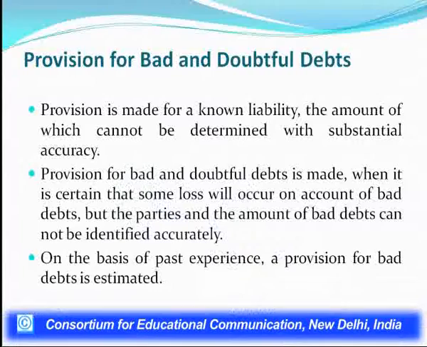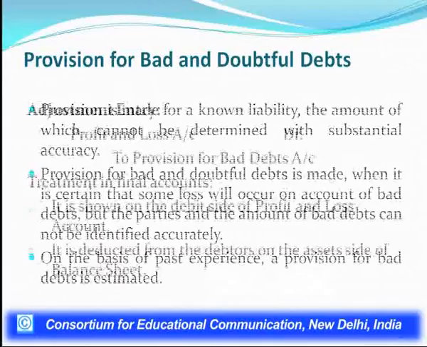When provision for bad and doubtful debts is made, we know that provisions are made for expected losses where we are not sure about the amount of expense. So we cannot identify which debtor will become bad. We estimate it on the basis of our past experience.